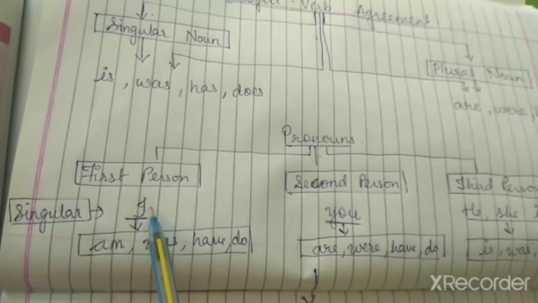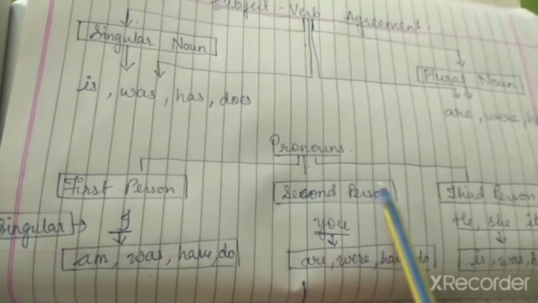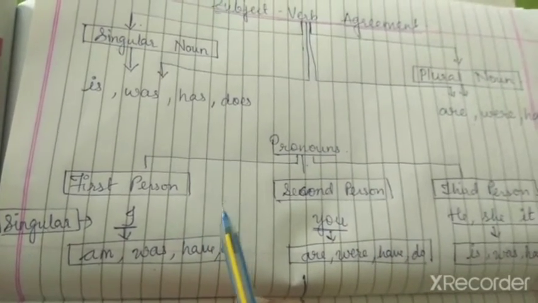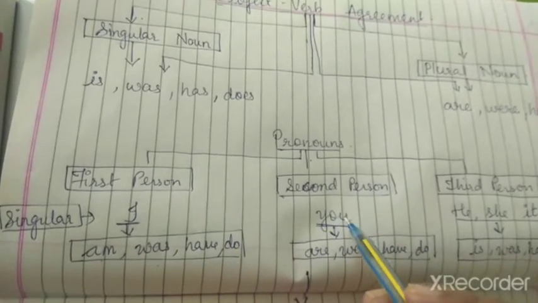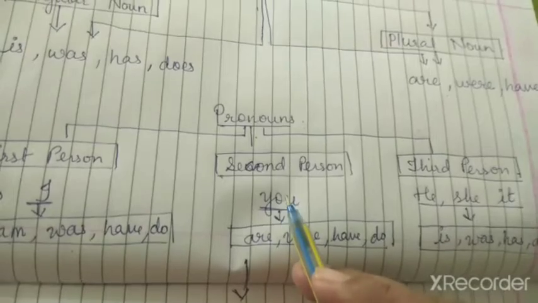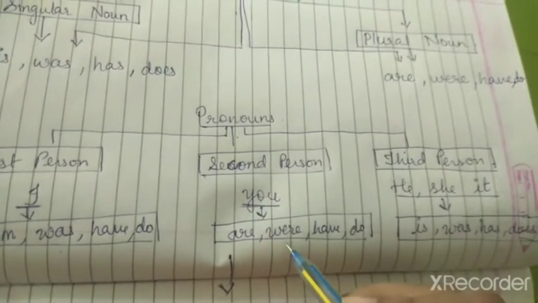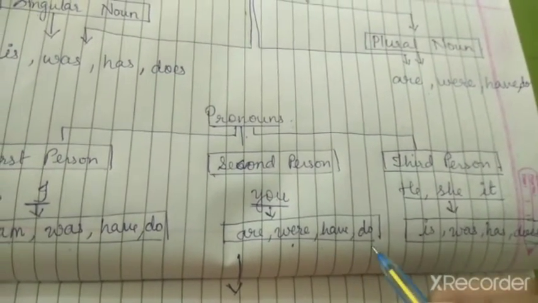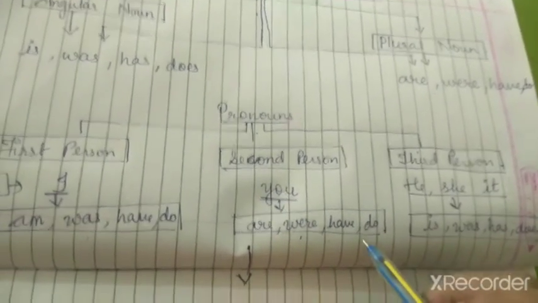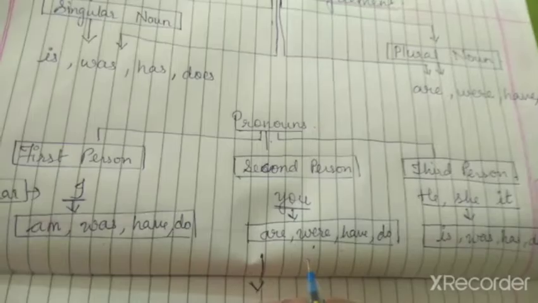So these are the verbs we will use for first person pronoun. Okay, understood? Now for second person pronoun, that is you, when the pronoun is in the singular form, we will use are, were, have and do. So with you we always use are, were, have and do according to the sentence.